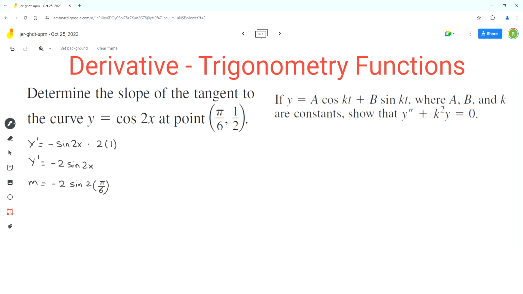now we have to simplify this expression. Now 2 times pi over 6 is 2 pi over 6, which can be reduced to pi over 3. And sine pi over 3 is equal to square root of 3 over 2.